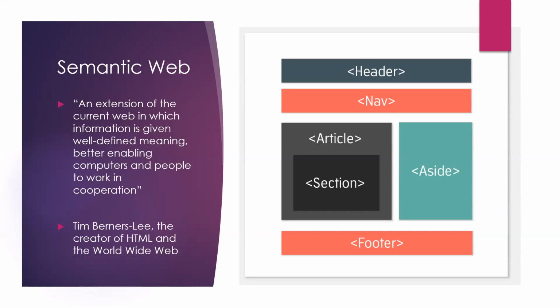We can have the navigation, which we call nav, where you have all your menus or hyperlinks or anchor tags to move from one page to another in your website. Then we have an article and we have a section. Then we also have an aside and a footer. So these are the things we'll be looking at today before we move on to CSS. One by one, we'll look at what this means.